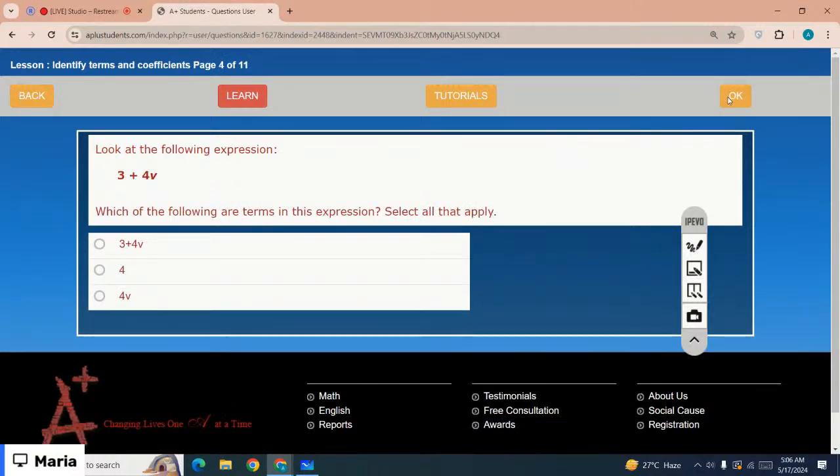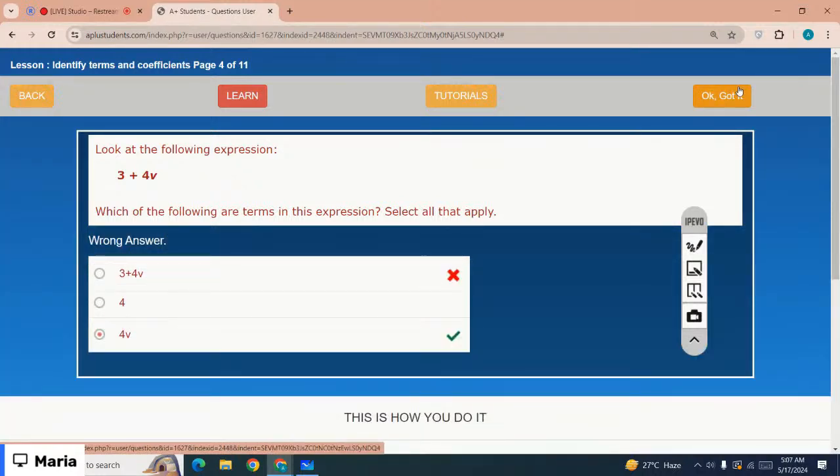Which of the following are terms in the expression? Three plus 4v is the correct option.